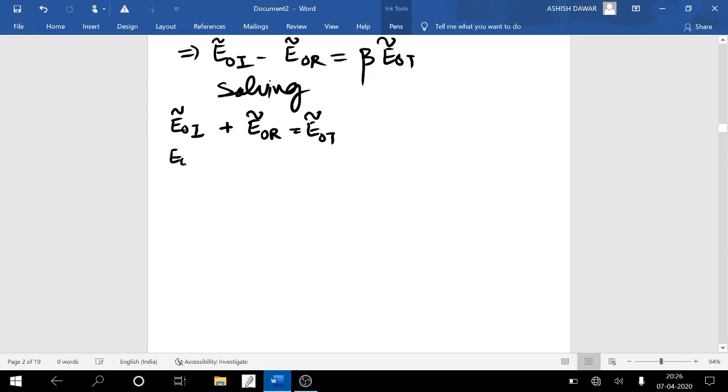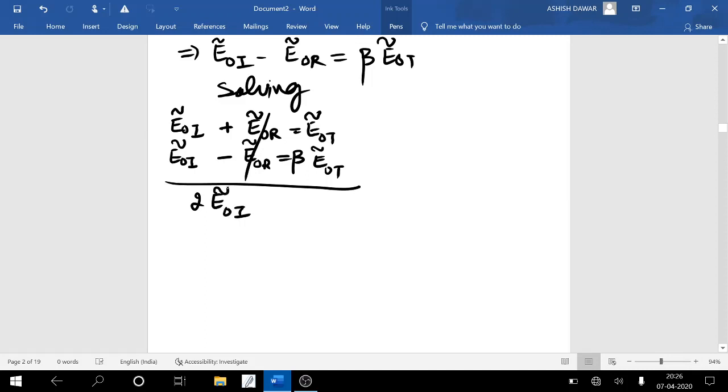The second equation is E0I minus E0R equals beta E0t. So adding, this cancels out. So from here we get the value of E0t equals 2 upon 1 plus beta into E0I.